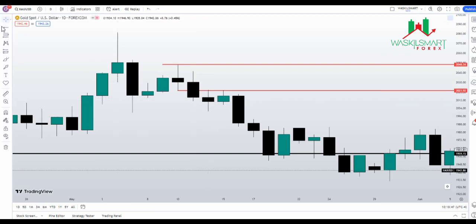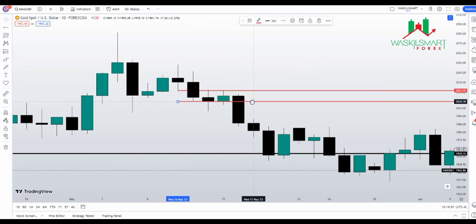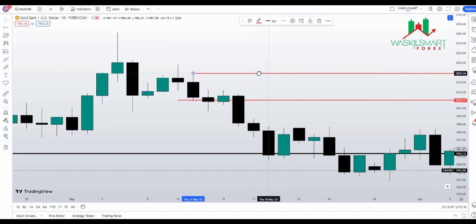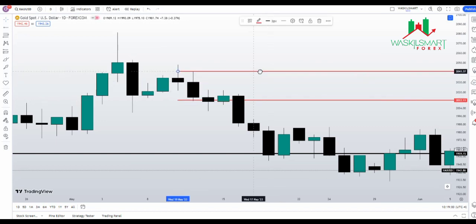Now look at the second one also. We have the low and we have the high. So look at this now: we have the high and the low. The next candlestick comes in up, takes out the liquidity above it, and couldn't go back into the range, which means it couldn't displace back into the range.